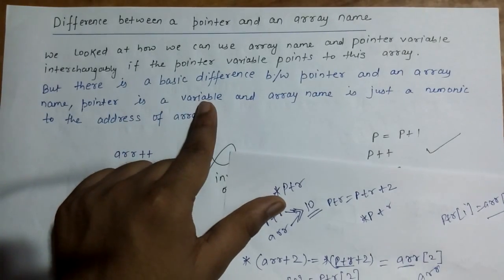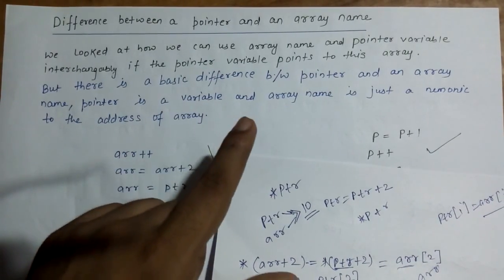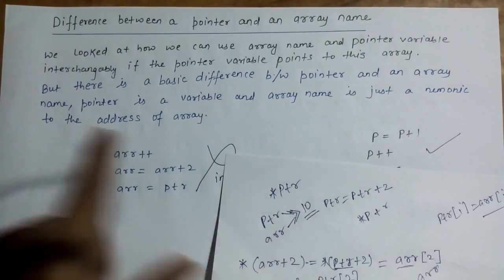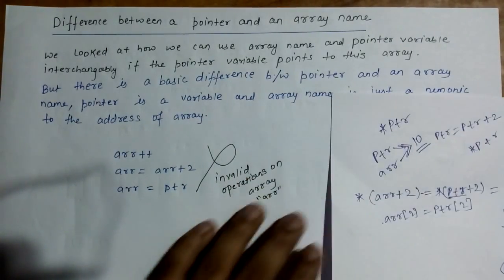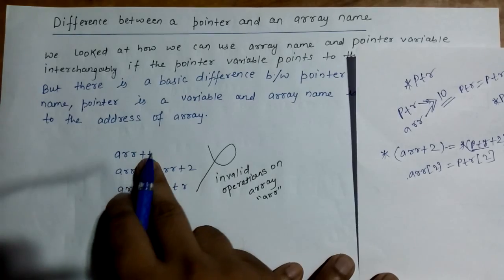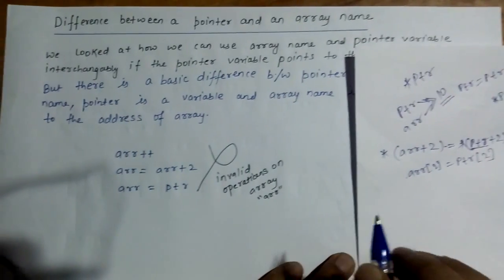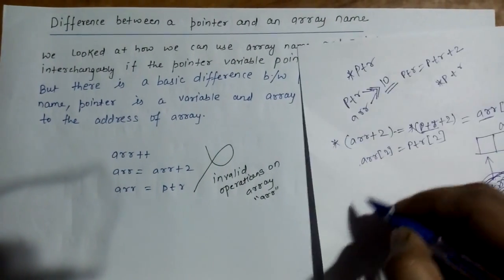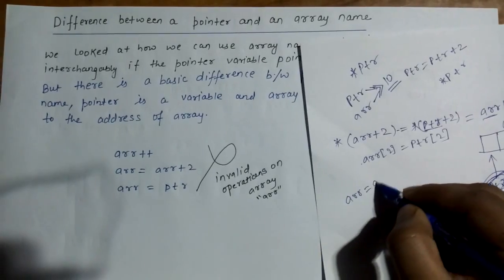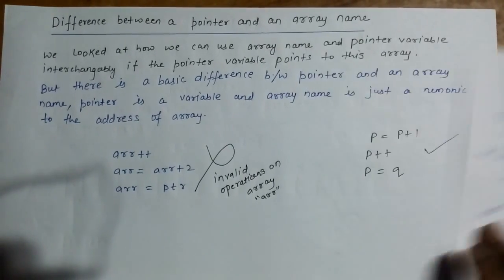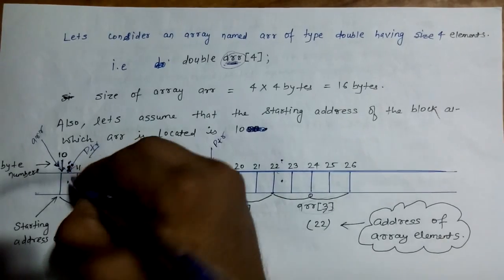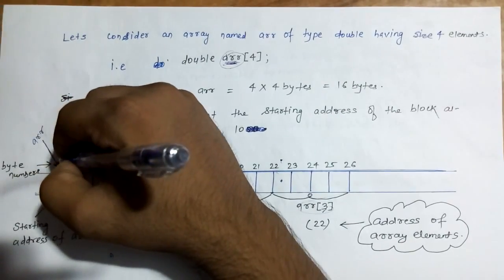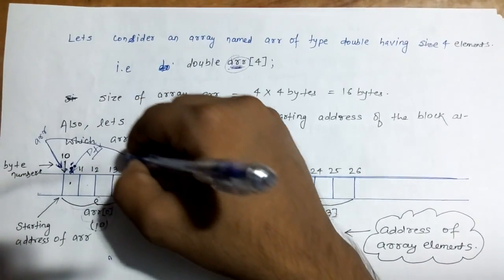Note, a pointer is a variable, and an array name is just a mnemonic for the address of the array. So with the array name you can't do this operation. You can't do arr++. That is, you can't do arr = arr + 1. You can't make arr point to this address.